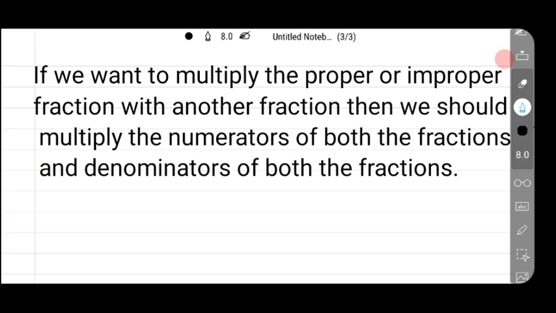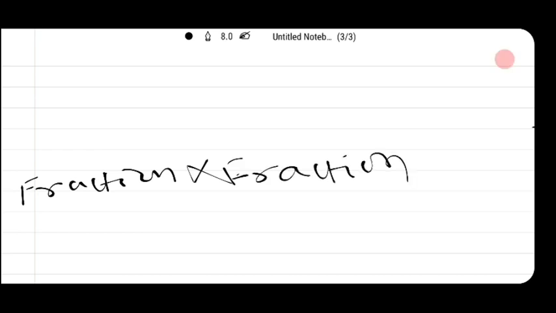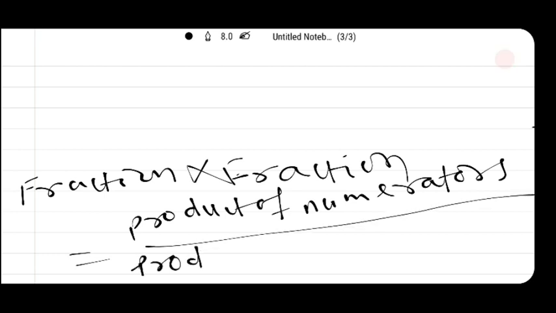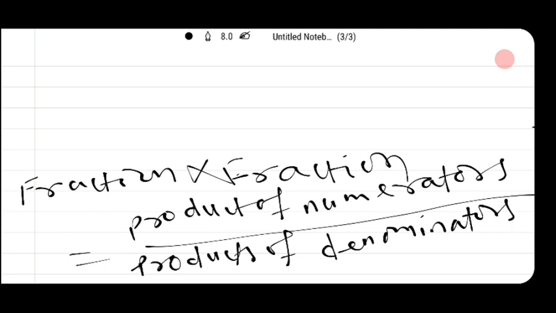So fraction into fraction equals the product of numerators upon the product of denominators. Let us write it first.